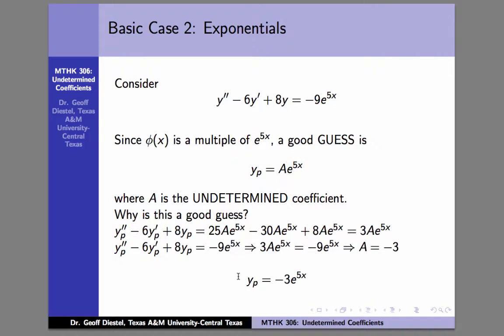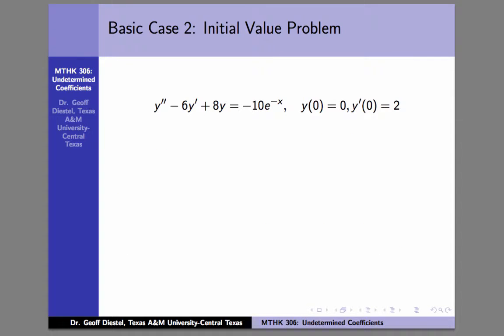So let's go through an initial value problem to go through our entire process with this kind of example. So we have a second order linear differential operator applied to some unknown function y, and we want to know what that function y is so that when we plug it into that differential operator, we end up with negative 10 times e to the negative x.